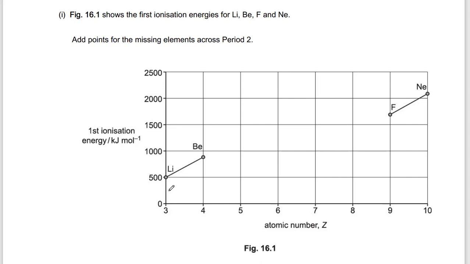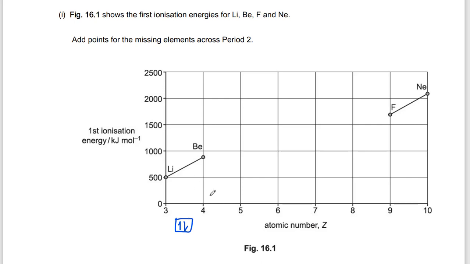Lithium has one electron in the s orbital, beryllium has an extra one. So if I put the orbital there, lithium is the first one, I'm adding the second one for beryllium, adding to the same orbital, so it's the same distance from the nucleus, but the nuclear charge is increasing because beryllium has an extra proton, which means it holds it tighter, which means the ionization energy is higher.